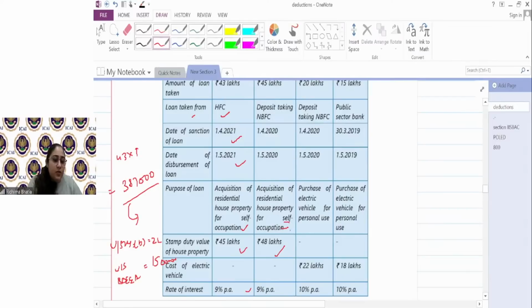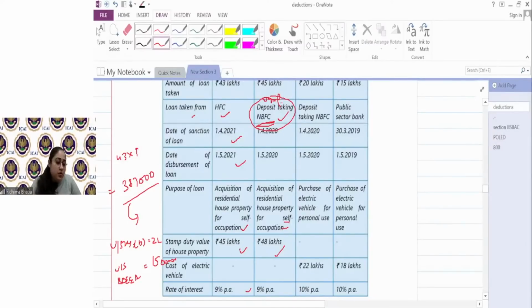And next, here the loan is taken from an NBFC. Housing finance companies are allowed, non-banking finance companies are not allowed. This is a very important point to remember. Housing finance, I told you, banks, financial institutions or housing finance companies, not NBFCs. NBFCs are allowed for electric vehicles, but not for your 80EEA purpose.